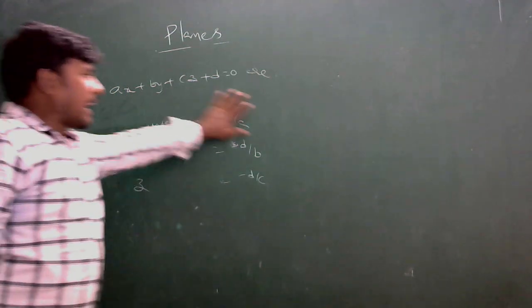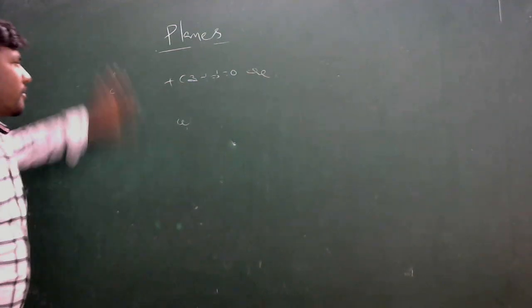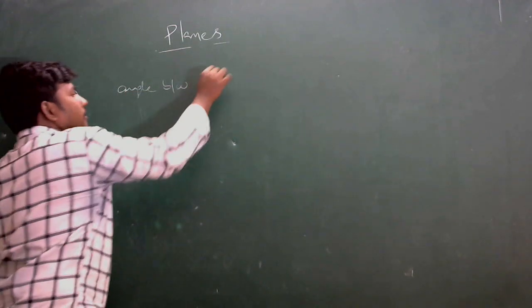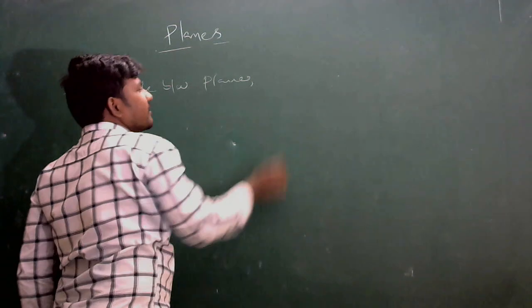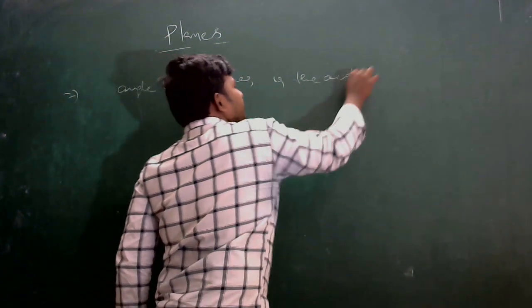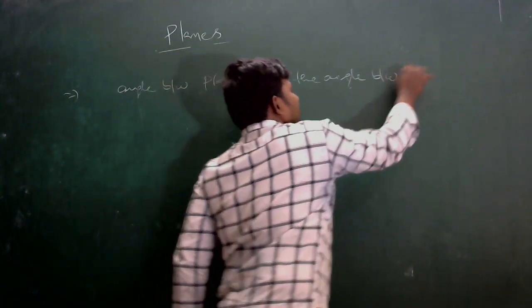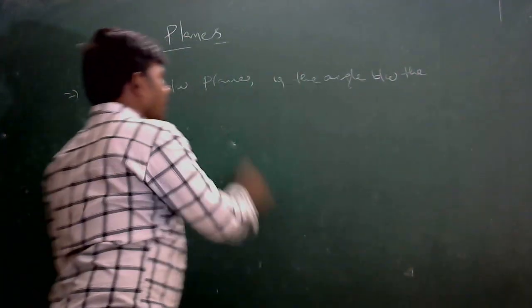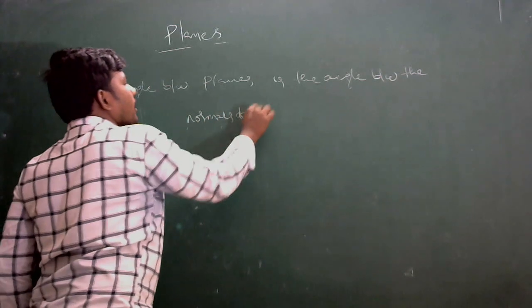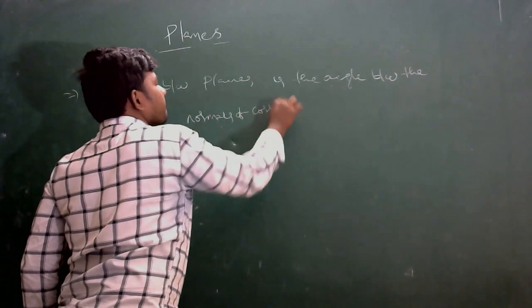Next, the angle between the planes. The major concept is that the angle between planes is the angle between the normals of the corresponding planes.